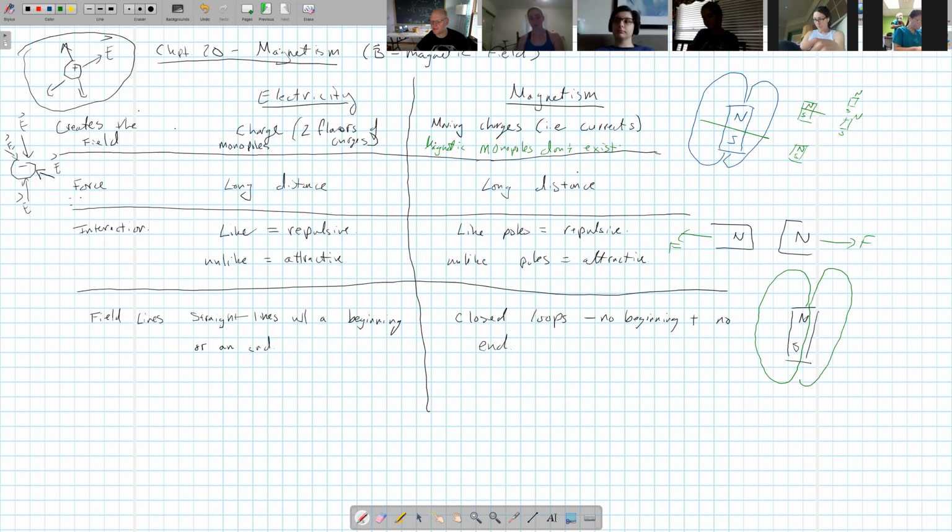This side, it would do the same thing. So they come through and then go back in and create these closed loops. So these are always going to be closed loops, something circular in nature. Again, no beginning and no end. These ones are straight lines unless there are other charges, which will cause them to bend.